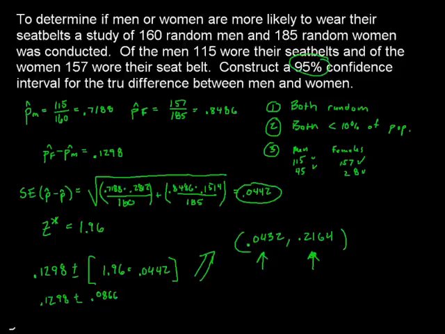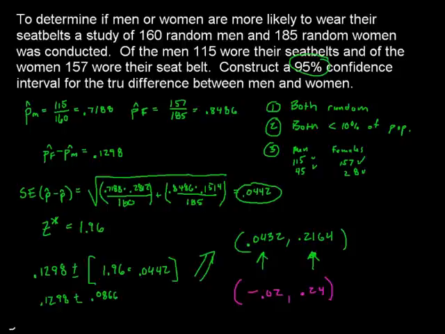Now I want to just demonstrate here. Let's just say that we did this and I added and I subtracted and I got something like negative 0.02 to positive 0.24. It's not the interval, but let's pretend. This would show that women could be anywhere from 24% more than men to 2% less than men.